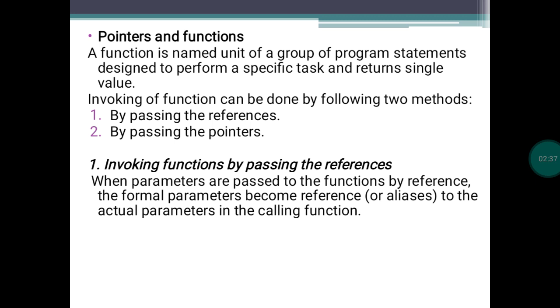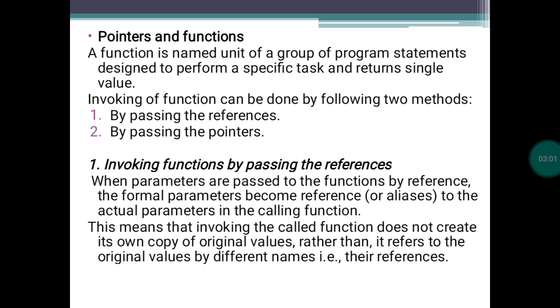So whatever formal parameters there are in your program, they become a reference to your actual parameters in the calling function. This means that invoking the called function does not create its own copy of original values; rather, it refers to the original value by a different name.